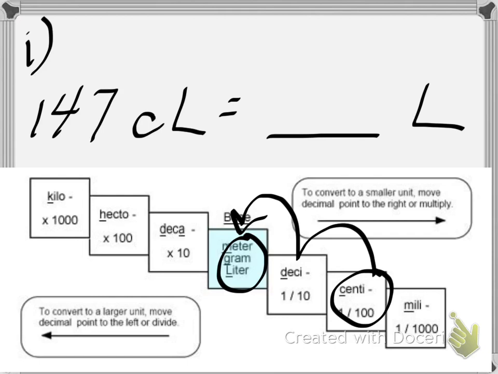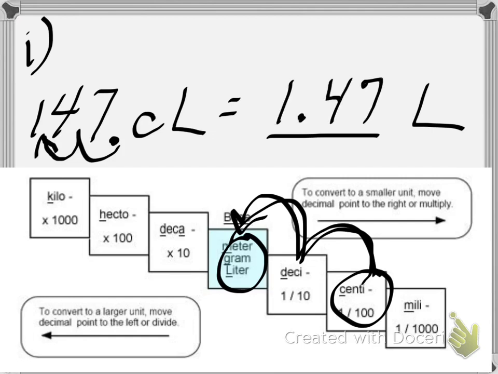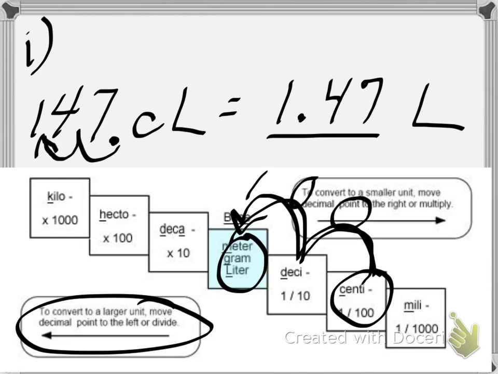Once again, no decimal point, so we can put a decimal point at the end. Move it two places to the left. 1, 2. It's going to be between the 1 and the 4. So 1.47. And once again, as we're going this direction, we can always divide by 100. 2 humps, so 2 zeros. 100. So 1.47 liters.